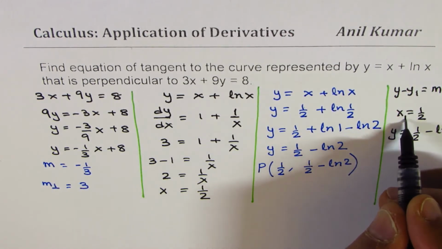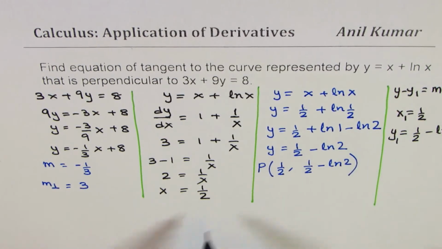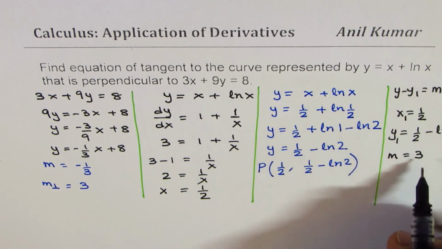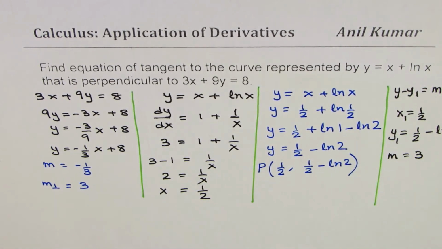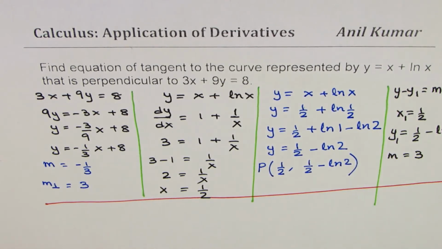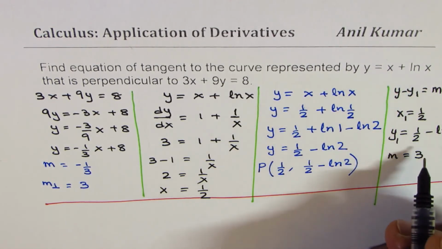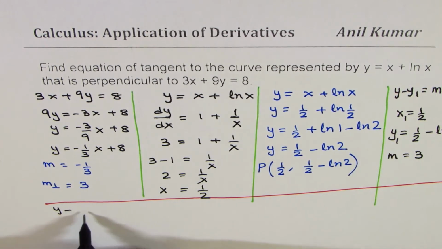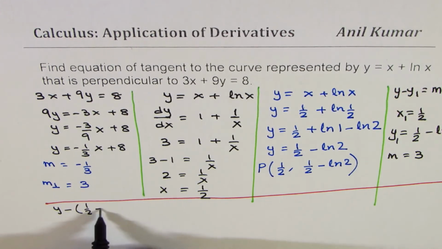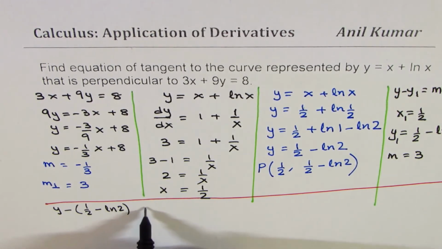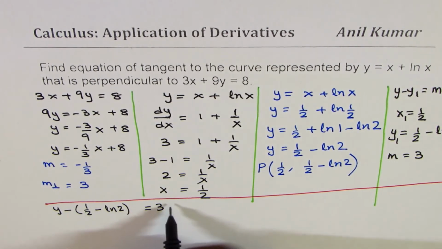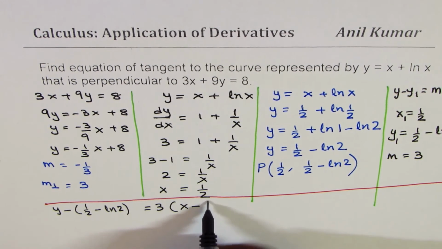And m, the slope, is equal to 3. So when we substitute all this, we get y minus y1, which is 1/2 - ln 2, is equal to the slope m, 3, times (x - 1/2).